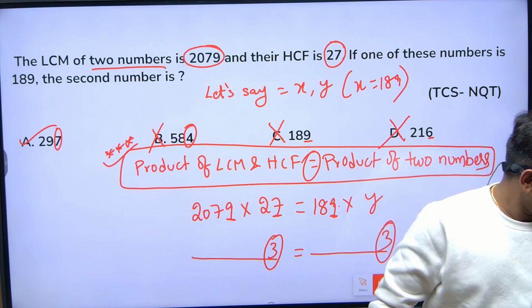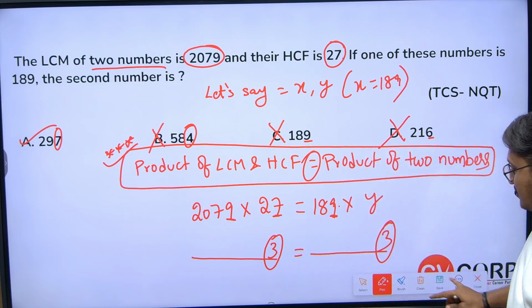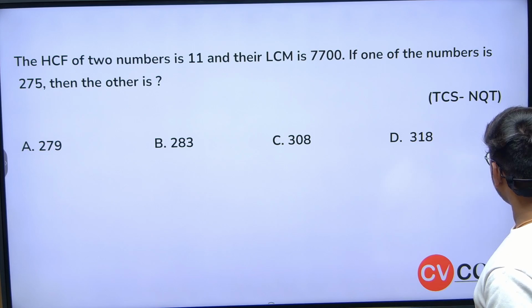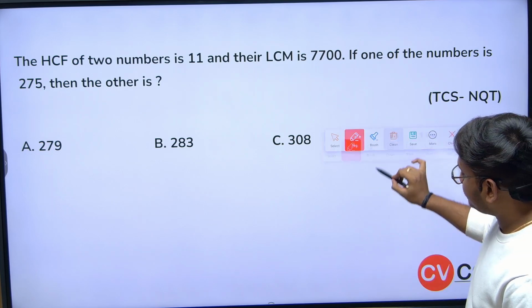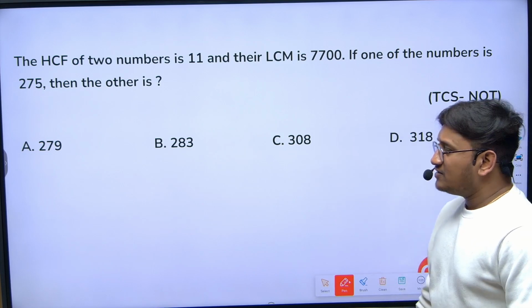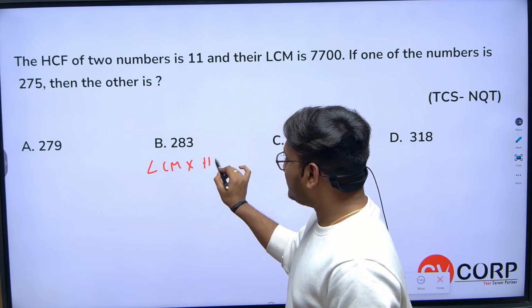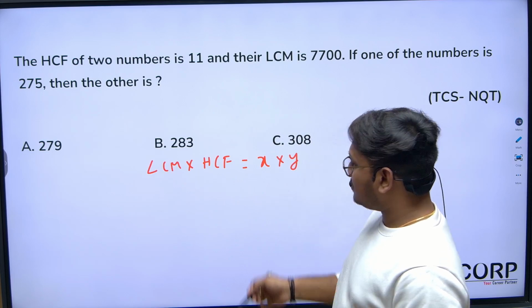We have one more question on this particular logic. I hope you all are clear with this. Now let's try to solve this question. The same logic here. LCM into HCF is equal to the product of two numbers, correct?